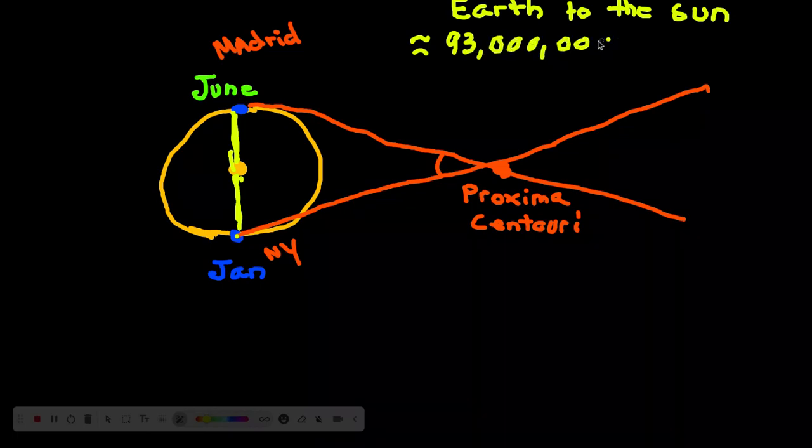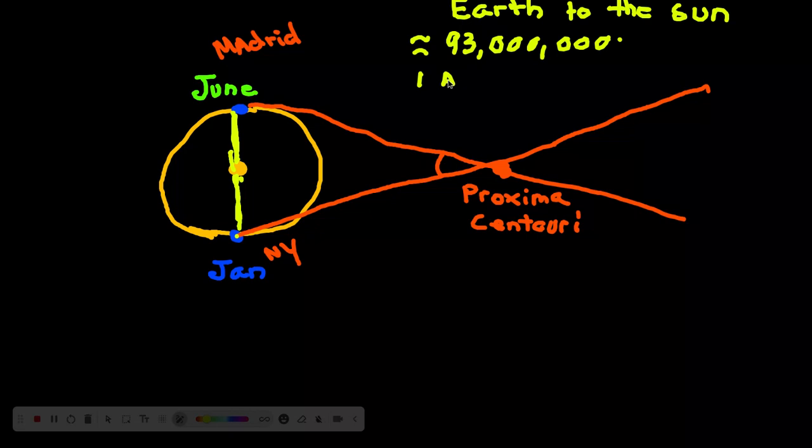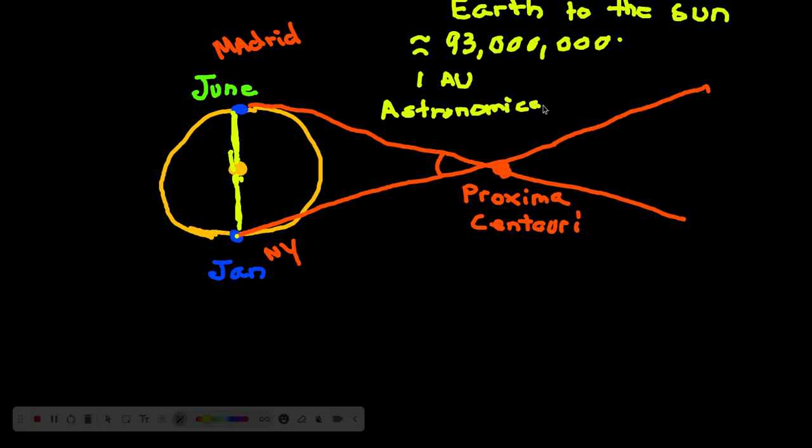Remember, in the winter in the northern hemisphere, the Earth is actually closer to the sun. But we'll say 93 million miles, and 93 million miles is called 1 AU. AU means astronomical units. Because we think we're special on Earth, we say 1 AU is the distance from Earth to the sun.